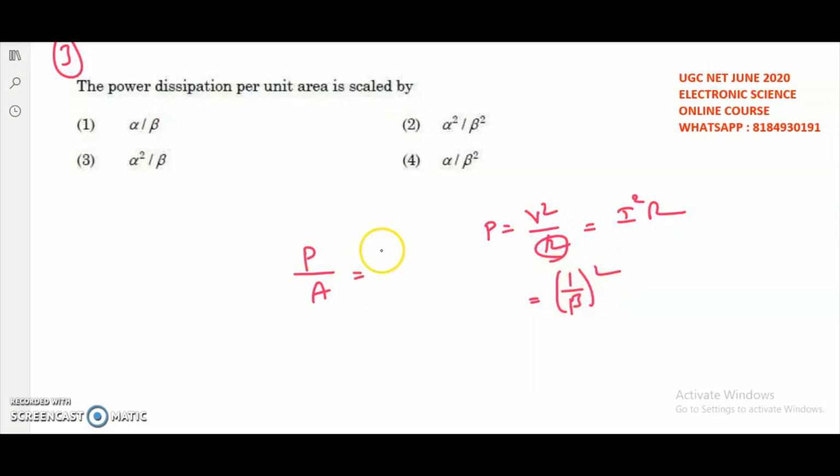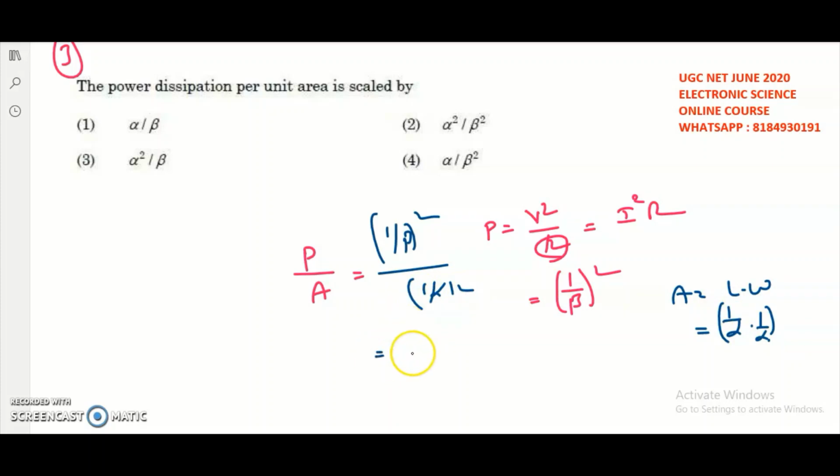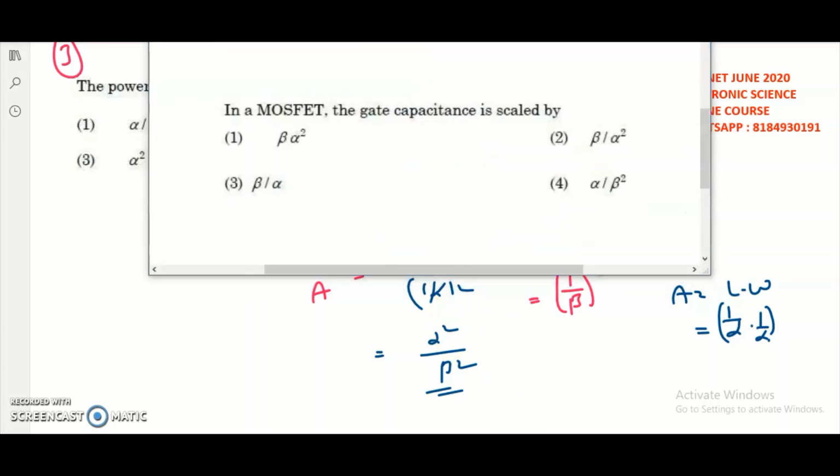That means after scaling, we take this parameter as 1 divided by beta whole square, divided by area, where area is length into width. The length is 1 by alpha, and the width of the channel is also 1 by alpha. So 1 by alpha into 1 by alpha is 1 by alpha whole square. Totally it becomes alpha square by beta square. That means the correct option for the power dissipation per unit area is scaled by alpha square divided by beta square.